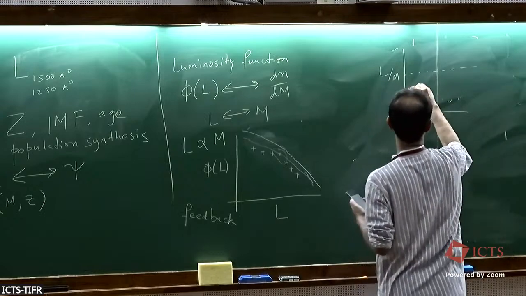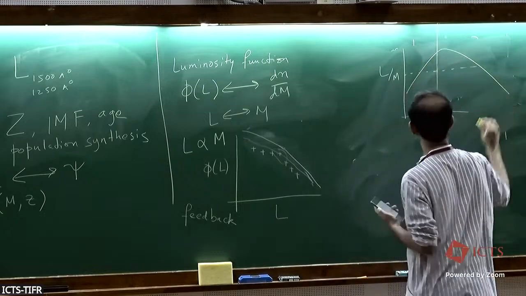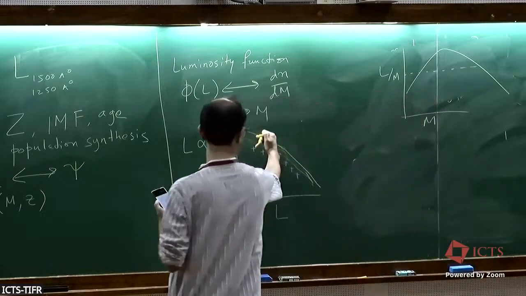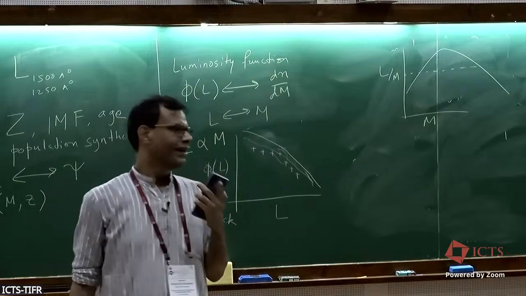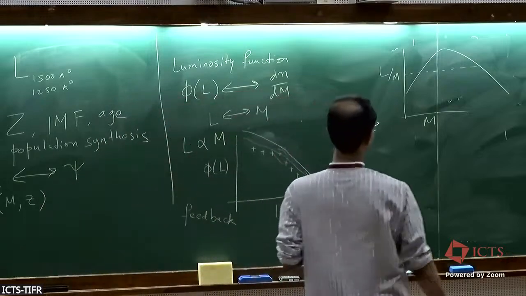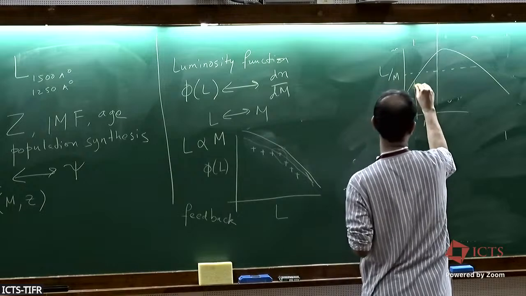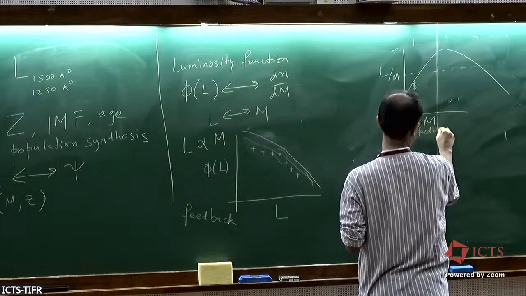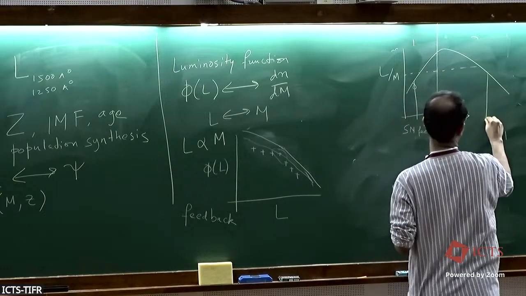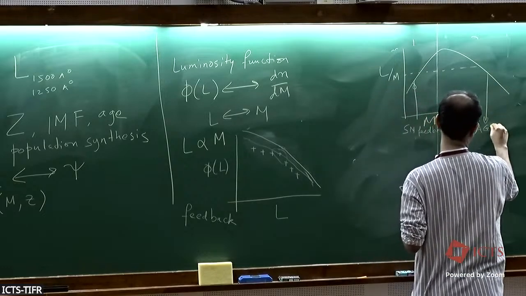It will turn out to be something like this, because you want this to go down on both sides. And our understanding is that this part, the low mass end, is happening because of something called supernova feedback, and this part is happening because of something called AGN feedback.